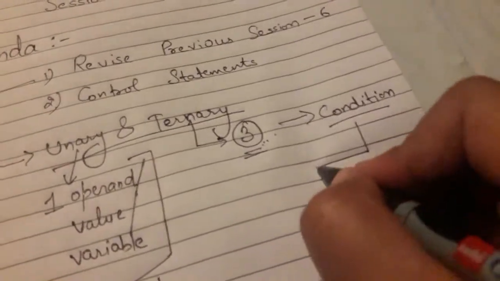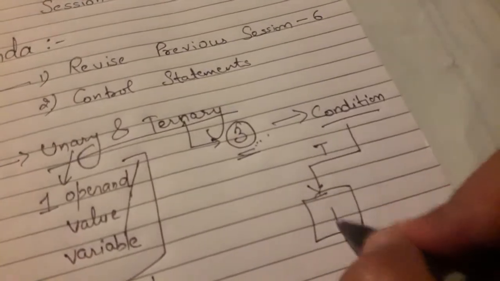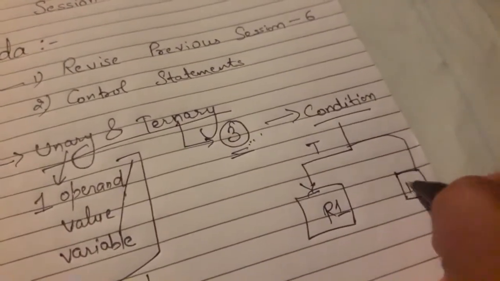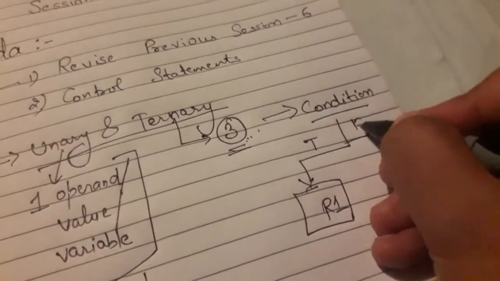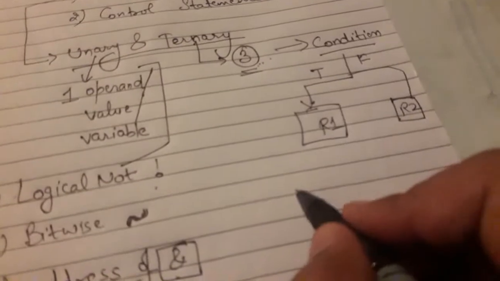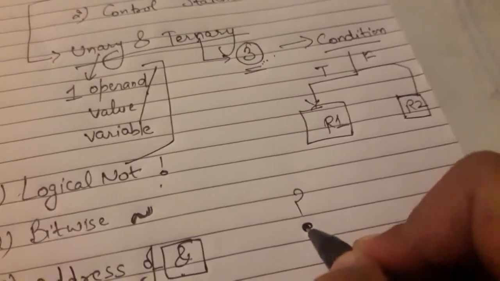And what about the ternary operator, which helps us to check the condition? Based on this condition, if the condition is true, then it returns result 1. If the condition is false, then it returns result 2, right? And how do we write the ternary operator? We write the condition first, then the question mark, which helps us check the condition.